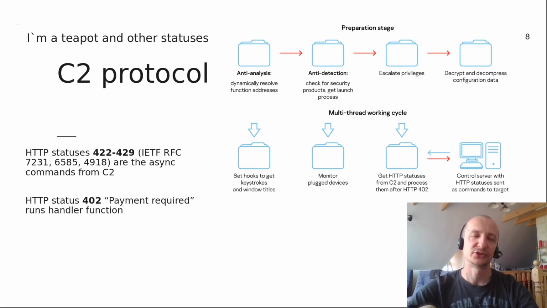Okay, let us start with the C2 protocol, maybe the most interesting part. If you ever read the RFCs for HTTP, you would find a lot of HTTP statuses. There are very famous ones, like 200, like 404, everybody knows them. But if I asked you, tell me please, what is status 427?